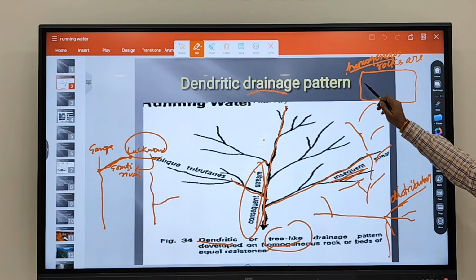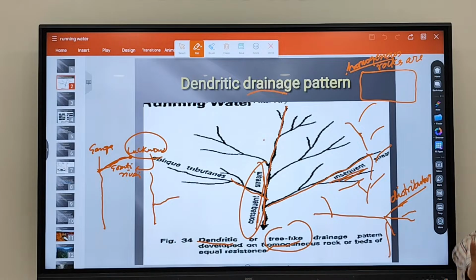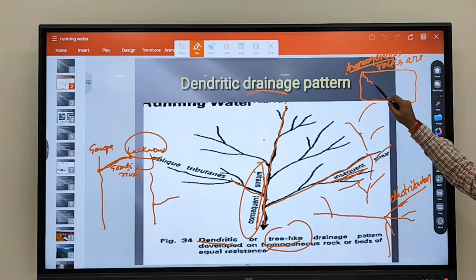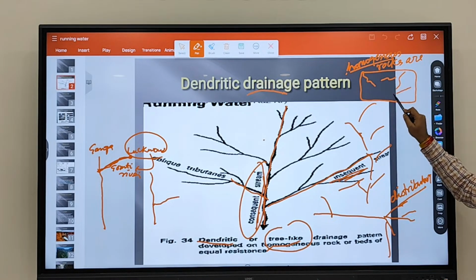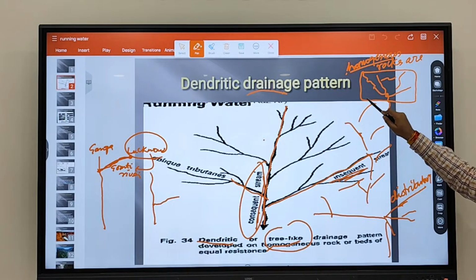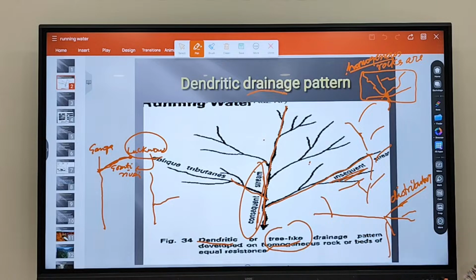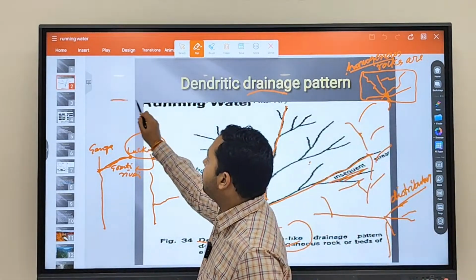Homogeneous means the rocks are made up of the same type of material. So when it is the same type of material, the river can erode it from anywhere, and then it forms the dendritic drainage pattern.